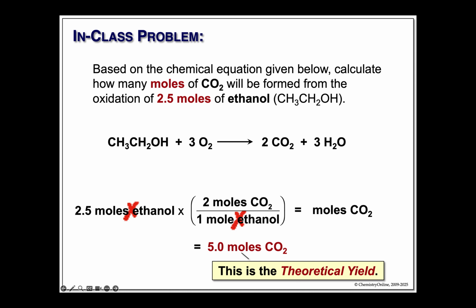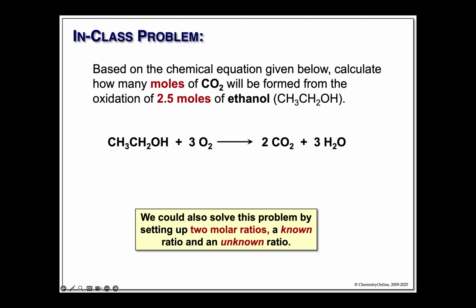There's a simpler method though, one that's basically the same math, except it's a little more compact and somewhat easier to do on your calculator. So let's look at it that way. This one uses two ratios, not just one.